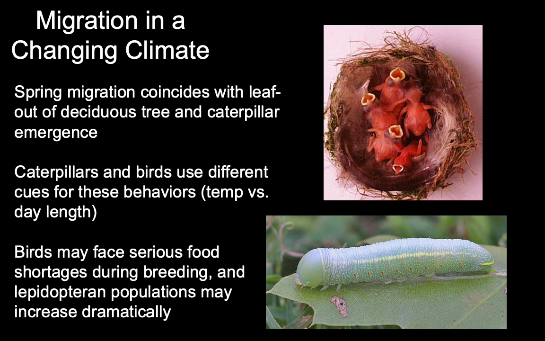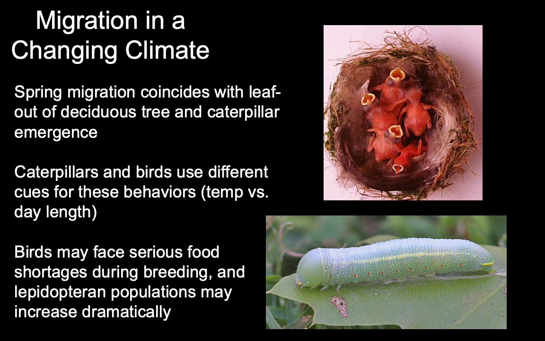Spring migration coincides with leaf out of deciduous trees and caterpillar emergence. Caterpillars and birds use different cues for these behaviors. Temperature for the caterpillars and leaf out, and day length for our poor birds.